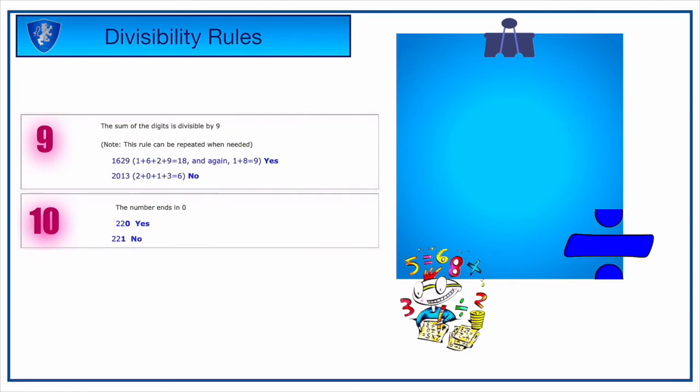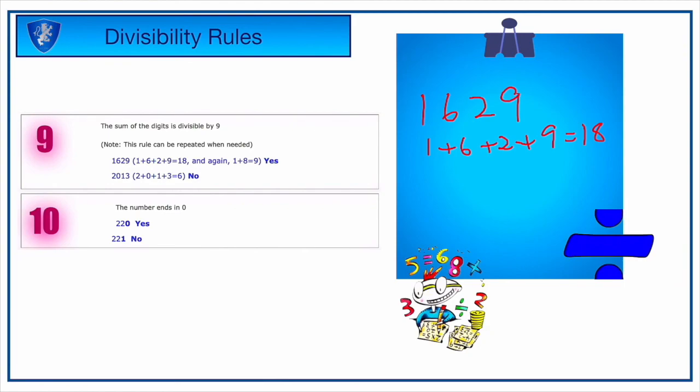I've got a number here, 1629. So if you add 1 plus 6 plus 2 plus 9, it gives me 18. Now, this is just to make you understand. You know 18, so you have to say yes based on that.